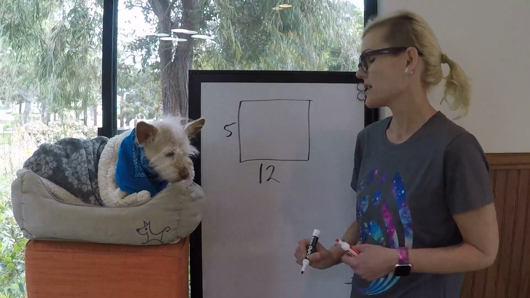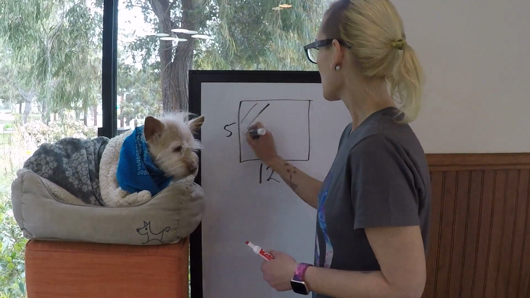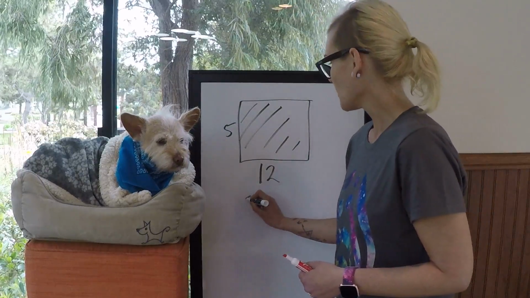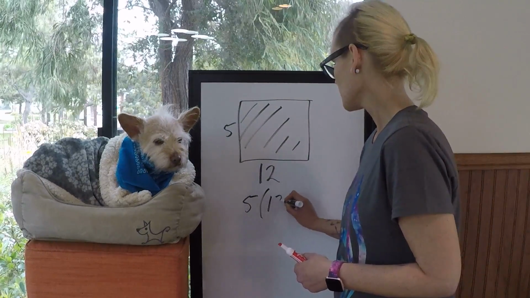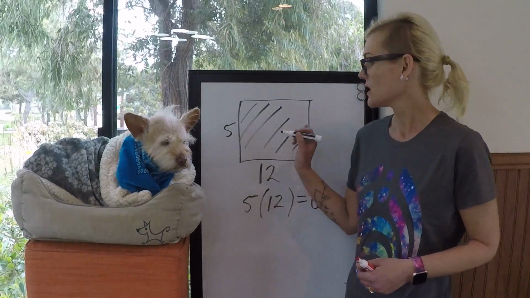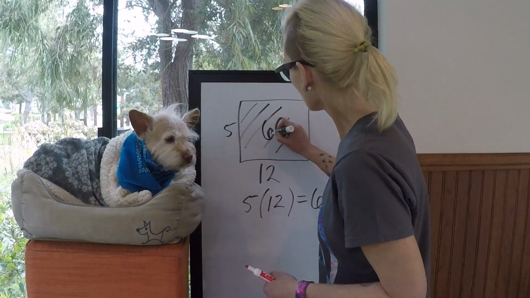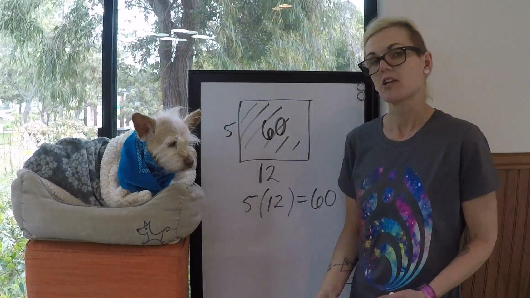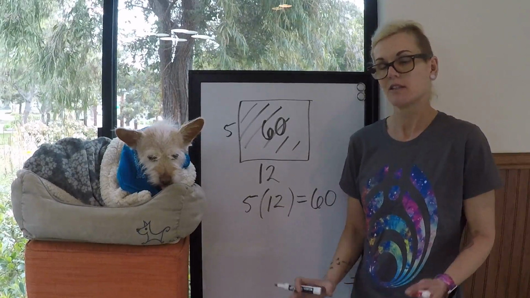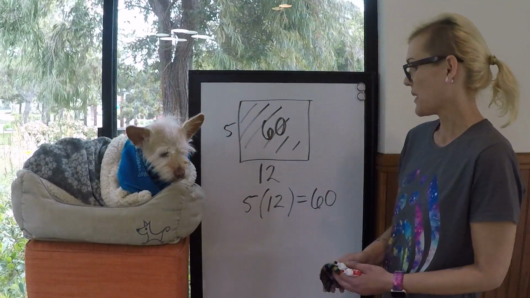If my dimensions are 5 by 12, and I wanted to figure out what's the area inside this rectangle, well, I would do 5 times 12 equals 60. So the area inside my rectangle is equal to 60. Because we're talking about area, we usually put units, but for the sake of this problem, let's not attach any letters to it. So it'd be 60.